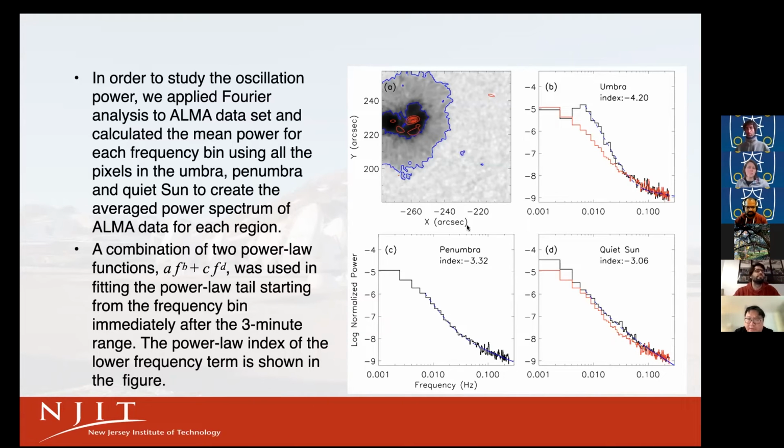And the index can be found here in these three panels. So I want to point out, we have this peak in the umbra. However, we didn't find any peak of the 5-minute oscillation in the penumbra. So it kind of matches the observation we have in this time distance plot, that the 5-minute penumbra oscillation is quite weak and maybe not picked up by ALMA.